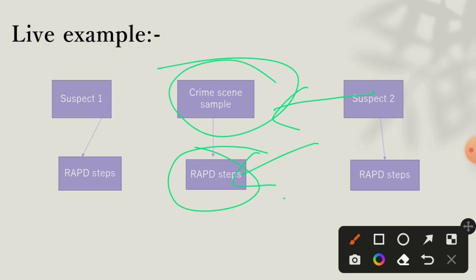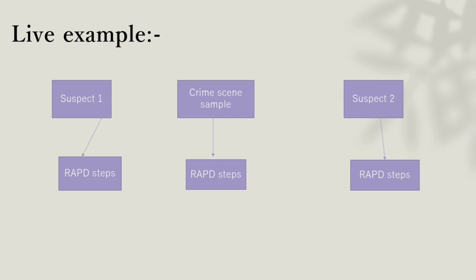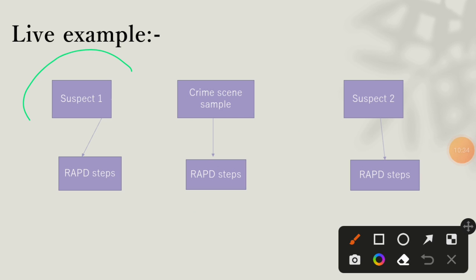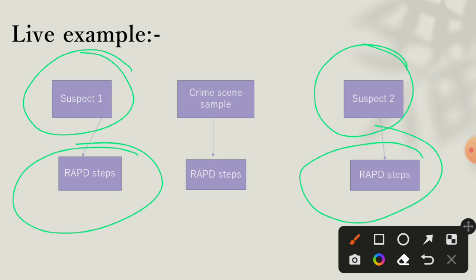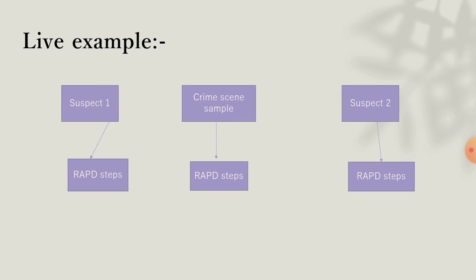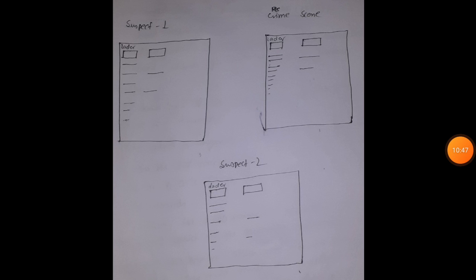Now, let's say as a detective, you are suspecting two individuals, suspect 1 and suspect 2. You also apply the same technique for suspect 1 and suspect 2.